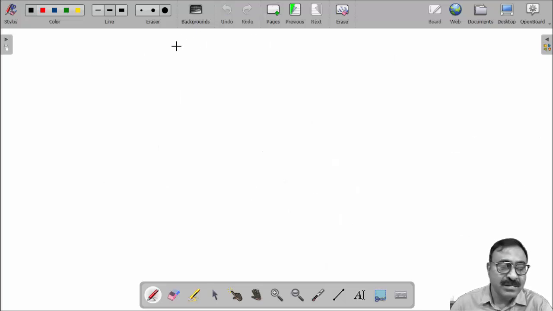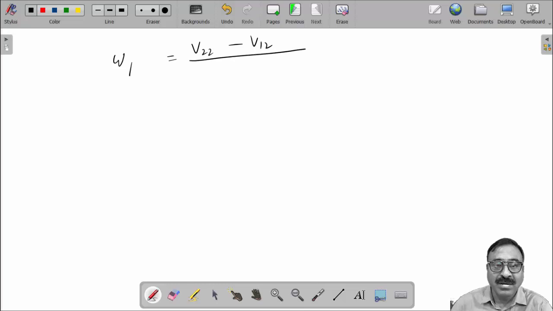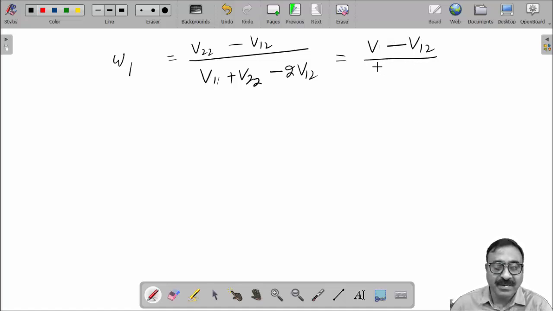And here W1 equal to V22 minus V12 by V11 plus V22 minus 2V12, this is equal to V minus V12 divided by 2V minus 2V12, that is equal to 1 by 2, which is equal to W2.